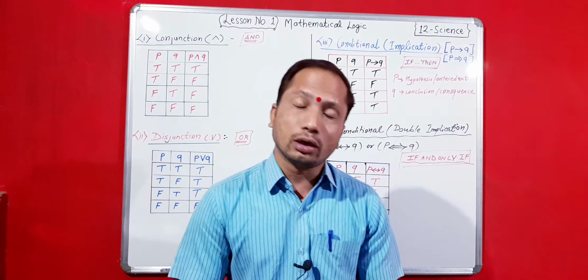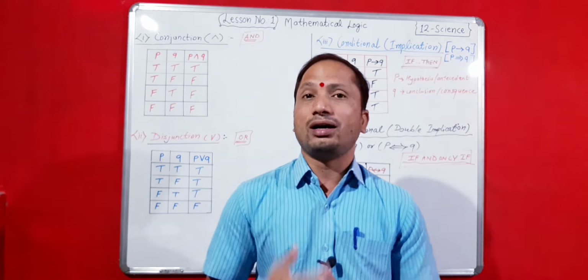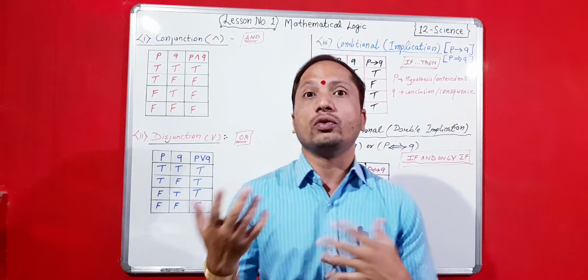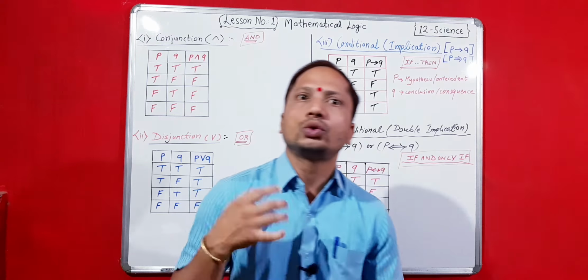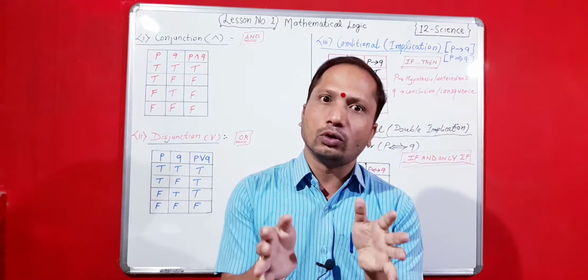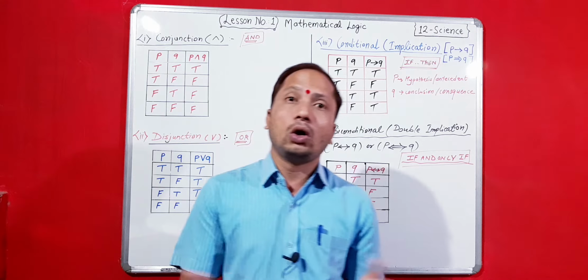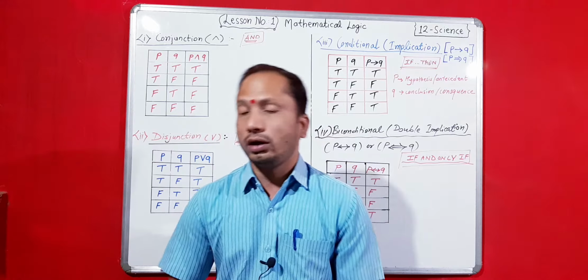Truth tables of some statements which are joined by and, or, if then, and if and only if. I will tell you how to form a truth table for those types of statements. So let's start.